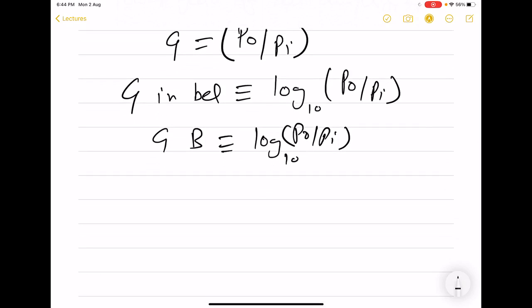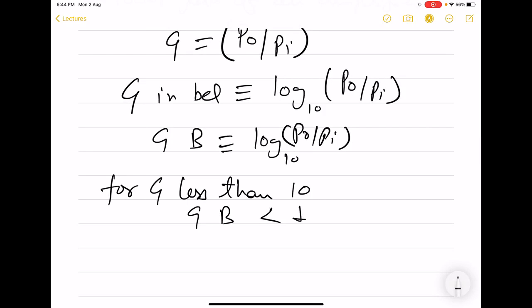Now if G is less than 10, then G in Bell is going to be less than 1, and this is going to be a fraction.